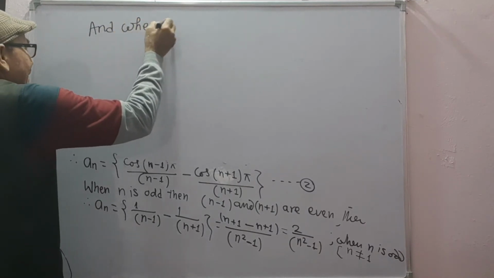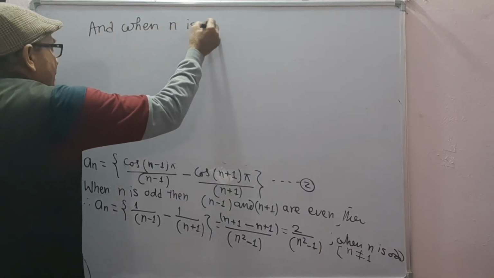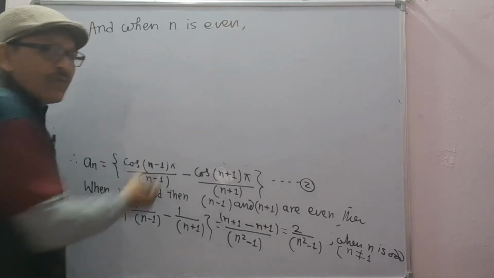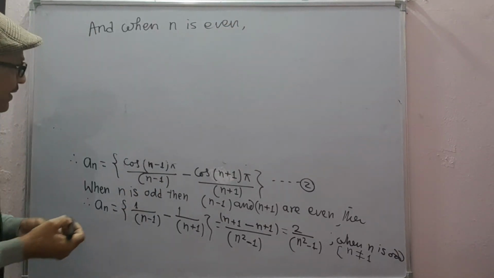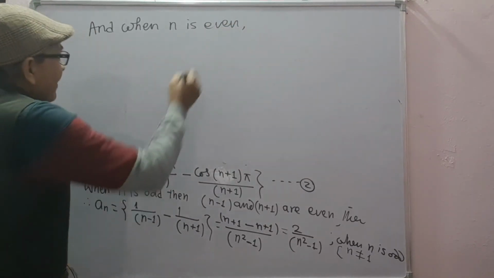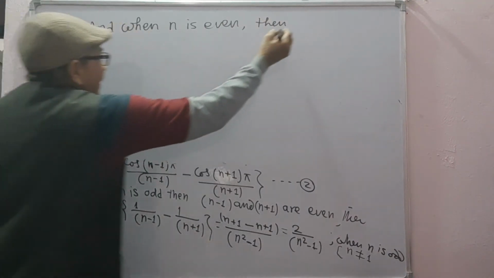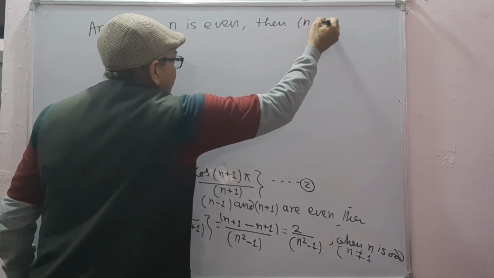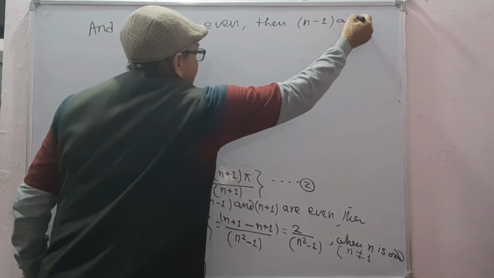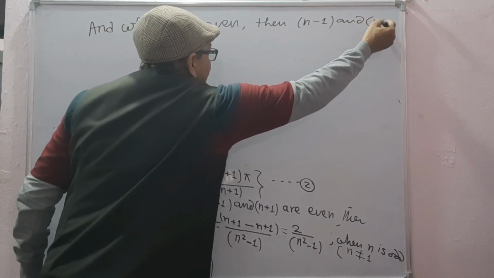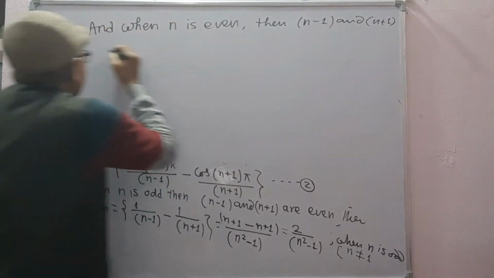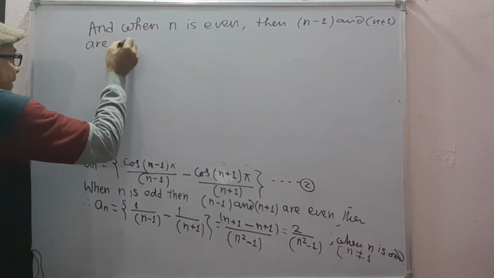and when n is even, then both n minus 1 and n plus 1 are odd.